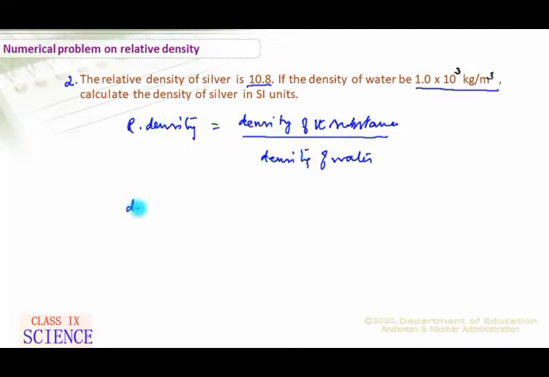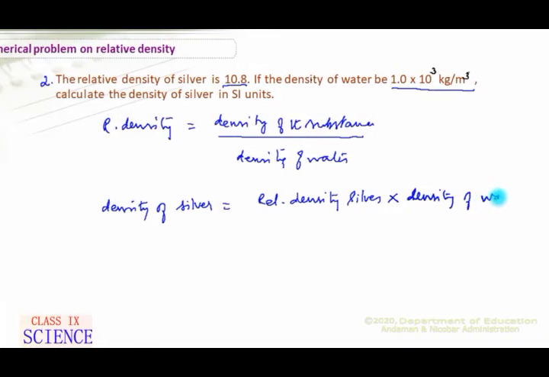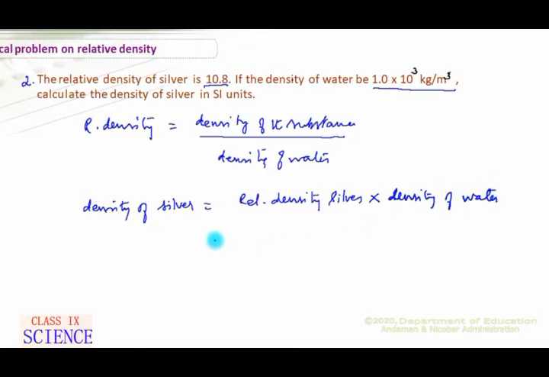So here the density of silver is the relative density of silver multiplied by the density of water, right? Both the values are given here.